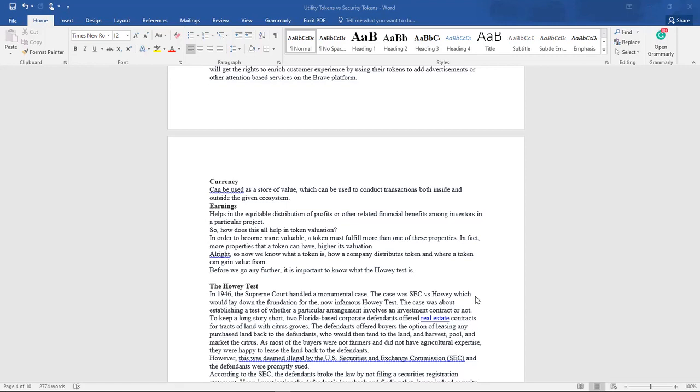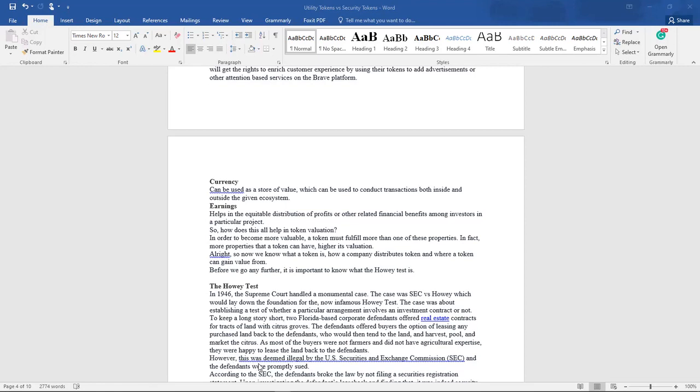To keep a long story short, two Florida-based corporate defendants offered a real estate contract for tracts of land with citrus groves. The defendants offered buyers the option of leasing any purchased land back to them, and they would then tend to the land and harvest, pull, and market the citrus. As most of the buyers were not farmers and did not have agricultural expertise, they were happy to lease the land back to the defendants.